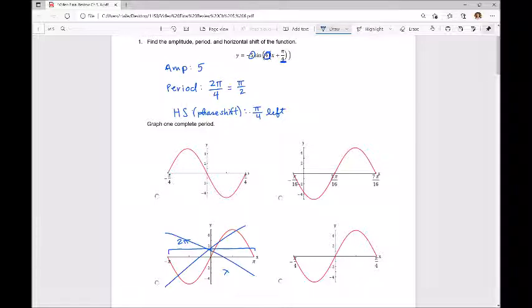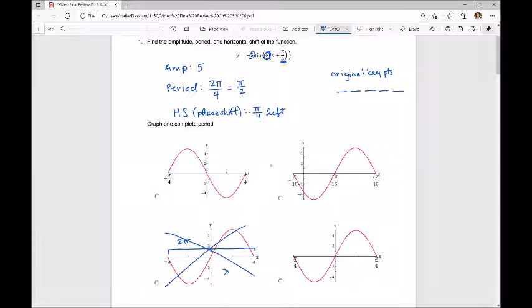Okay, so let's pretend we were going to graph this by hand and start with what our key points would be for the sine graph. So our original key points, and remember these mean the points on the x-axis, we have 5 of those.